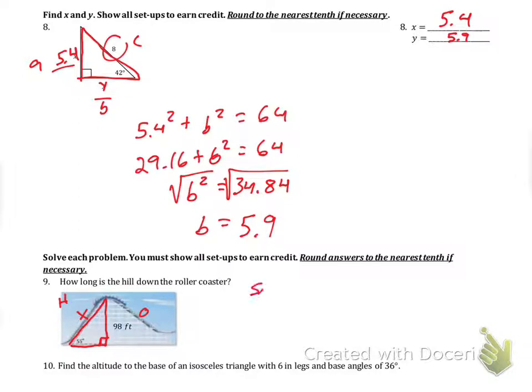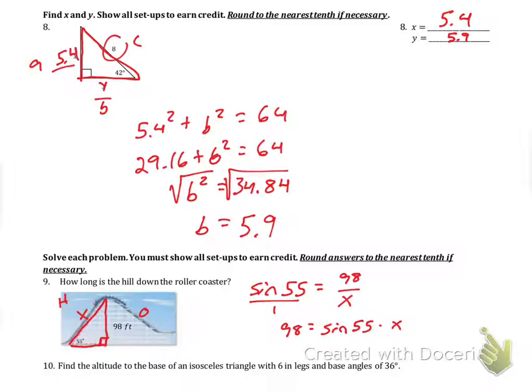So I have opposite and hypotenuse, so that's going to be sine. So sine 55 is going to be equal to 98 over x. So then this is over 1. So 98 is equal to sine 55 times x.